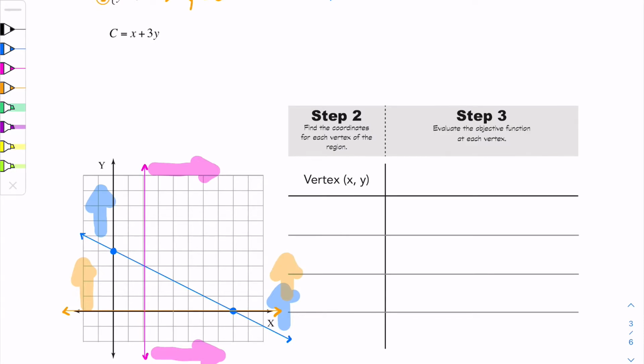Combine all of your shaded regions: above the blue line, which would be here, to the right of the pink line, which is over here, and above the orange line, which is obviously here, would give you this as your shaded region.